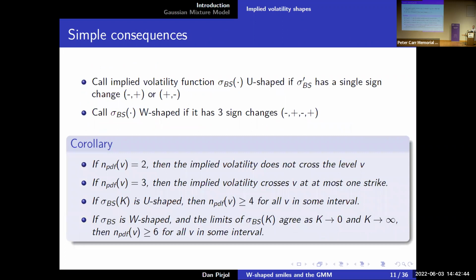What does it tell us? For example, let's look at the U-shaped smile. U-shaped smiles have a single sign change. They are decreasing and then increasing, or vice versa, if it's an upward U-shape. And we call it W shape if it has 3 sign changes.